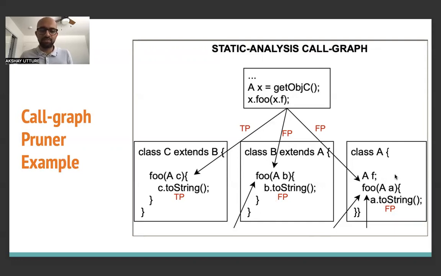Further, class A has a field F, which is uninitialized and hence could potentially be null. So let's get to this call to getObjectC.